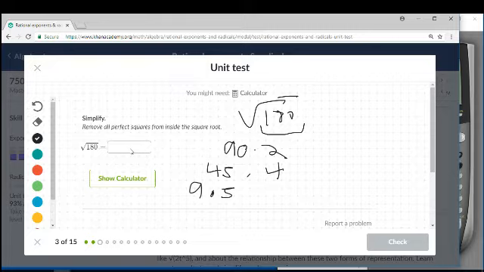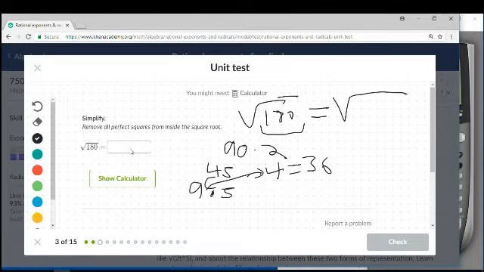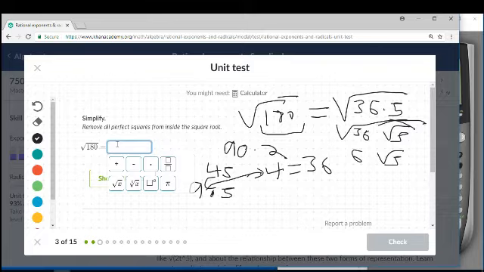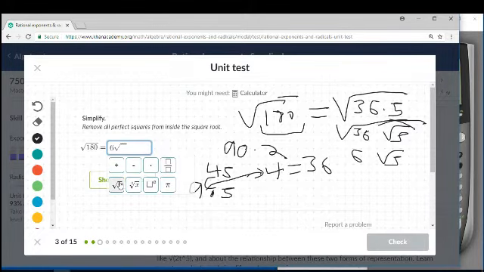Oh, and 9 times 4 is 36. So not only is, so square root of 180, truly if we do this the right way, it can be written as square root of 36 times 5. And then we can rewrite that as root 36 times root 5. So root 36 is 6, so that's 6 root 5.